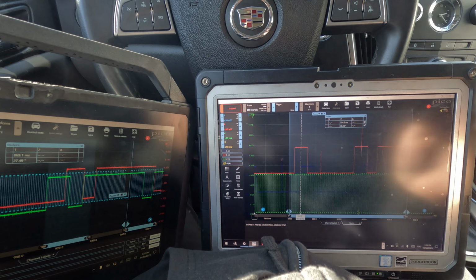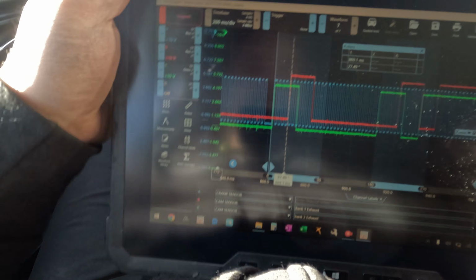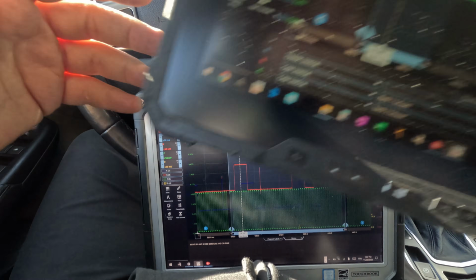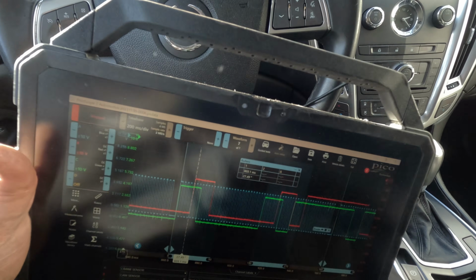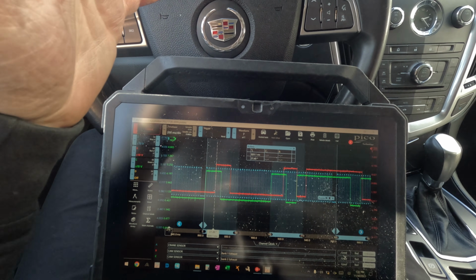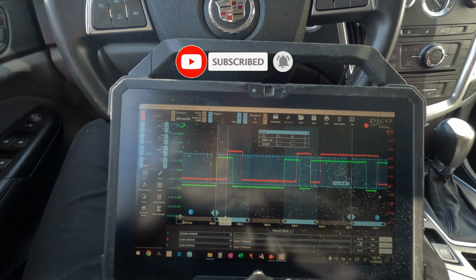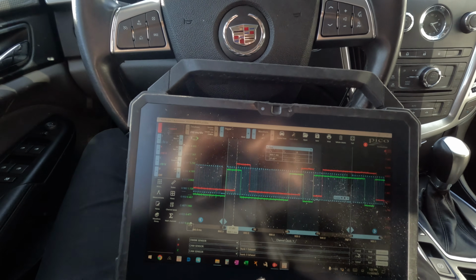We are 9 degrees off, but I've checked in a few spots. It moves around by us. So the timing is clearly off. That's why we're setting codes. I don't know why we're only setting one code for bank 1 when bank 2 is clearly off also, or the opposite. I don't remember. But yeah, this thing needs a timing chain. Alright, thanks for watching.